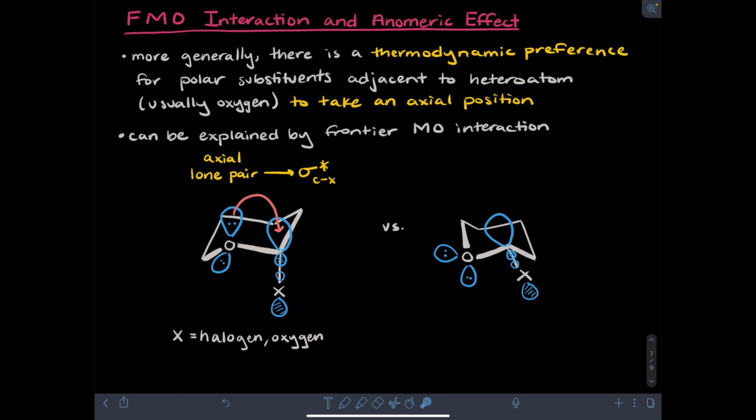But now that my carbon X bond is equatorial instead of axial, the sigma star antibonding orbital is not aligned correctly to overlap with the axial oxygen lone pair. Now my big lobe is pointing toward the middle of the ring, nowhere near an oxygen lone pair that could donate into it. Therefore, this conformation, even though we would expect it would be more stable based on sterics, it's missing this extra orbital interaction that you can achieve in the other conformation, making it less stable.